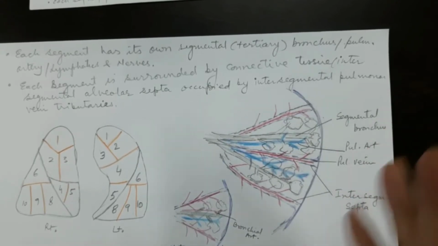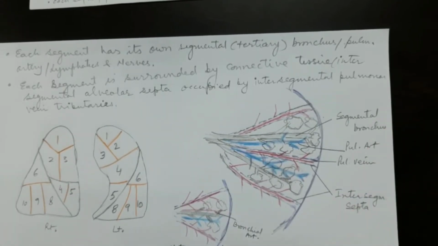it repeatedly divides, and ultimately each segmental pulmonary artery will go into each individual bronchopulmonary segment along with the tertiary bronchus. There are also separate individual lymphatics and nerves, sympathetic and parasympathetic, I mean autonomic nerves.